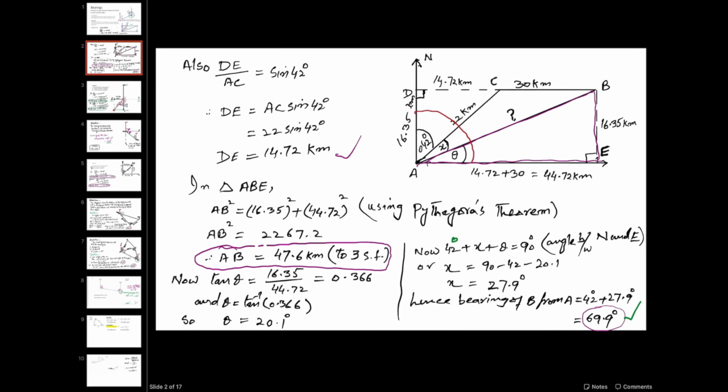So x is equal to 90 minus 42 minus 20.1. So x is equal to 27.9 degrees. Hence the bearing of B from A is equal to 69.9 degrees.